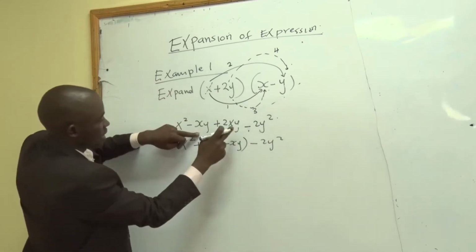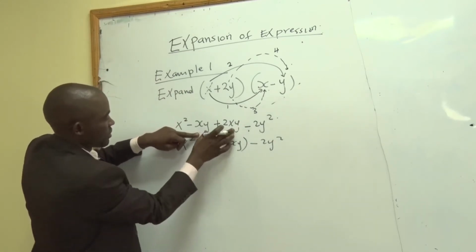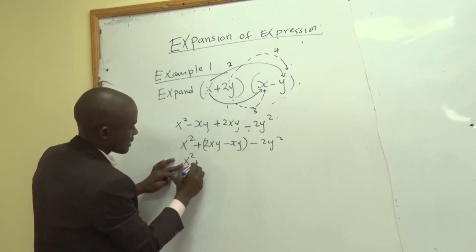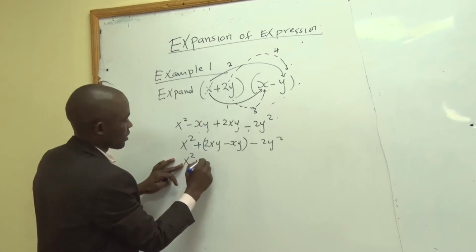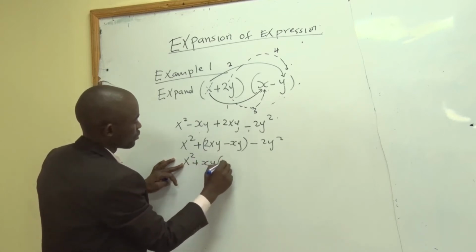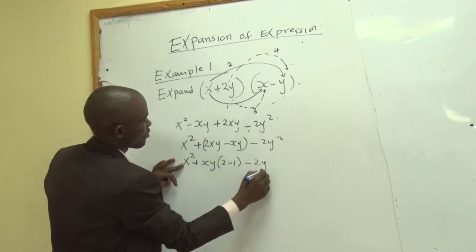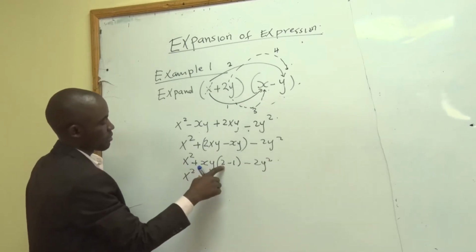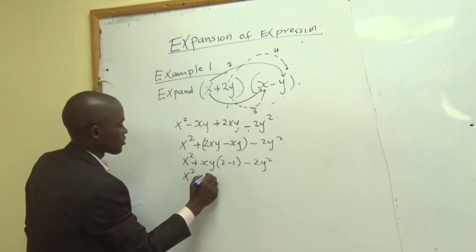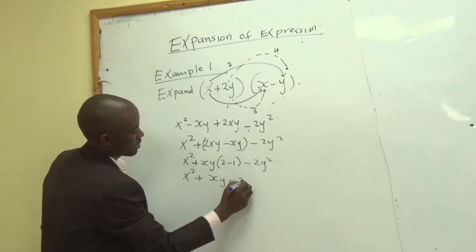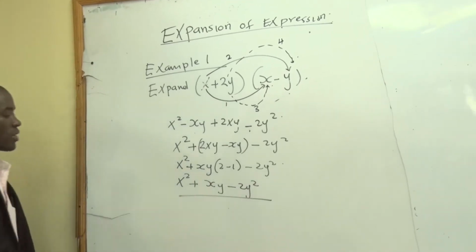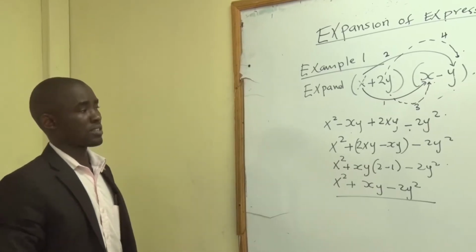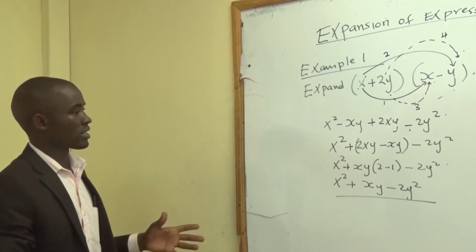Remember, we interchanged, and there is no problem with interchanging. So this will be the same as x squared plus, I can take xy as common outside, xy into 2 minus 1, minus 2y squared. Remember 2 minus 1 is 1, so we will be having x squared plus xy minus 2y squared. So we have simplified that particular expression. So that is the process you will take always to be able to expand.